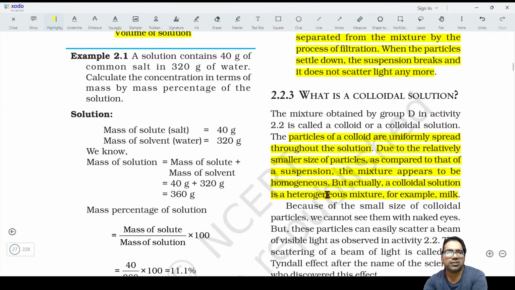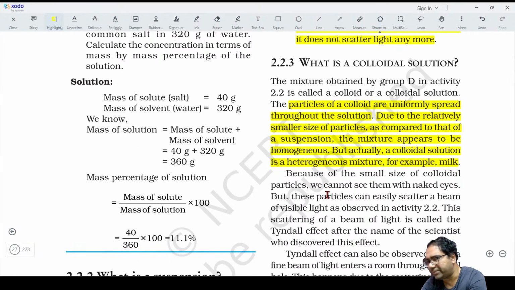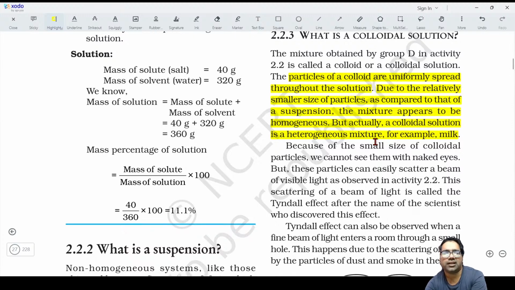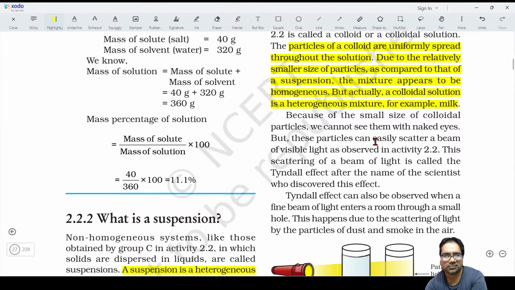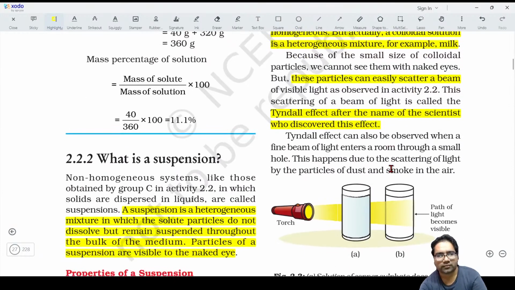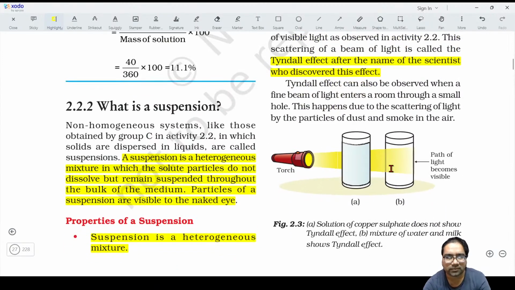The difference between suspension and colloid is that in a suspension you can see the particles because they are big enough. In a colloid you cannot see the particles because they are small, but they are actually heterogeneous. They can scatter a beam of light, and you can see the Tyndall effect.